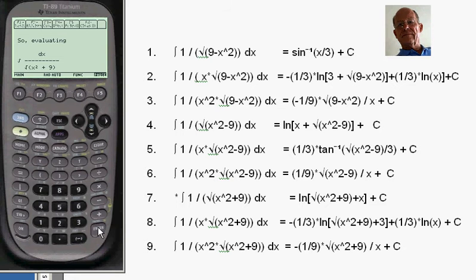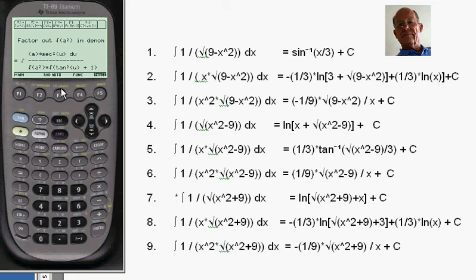So evaluating that, we put the dx up here in the numerator, a times secant squared of u du, and the square root of a squared times tan squared of u plus a squared, okay? Factor out the square root of a squared, and we get this identity here, tan squared of u plus 1.